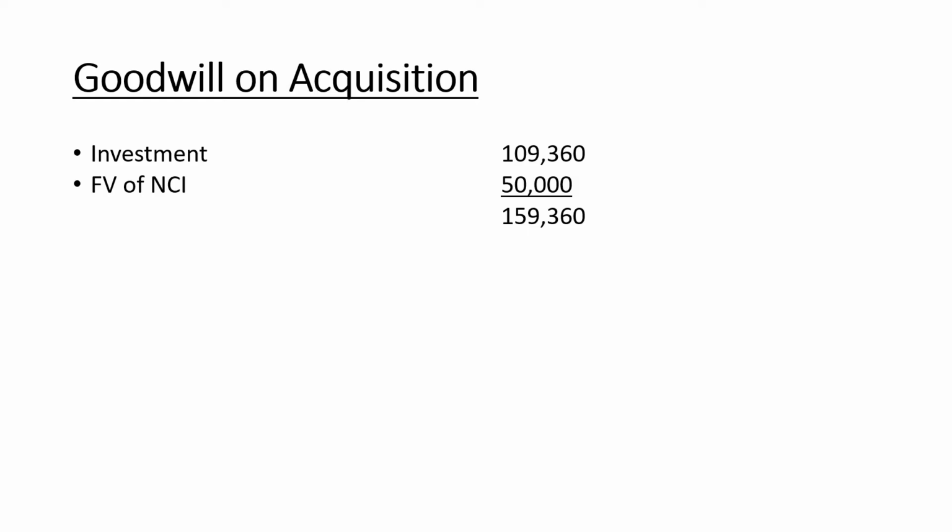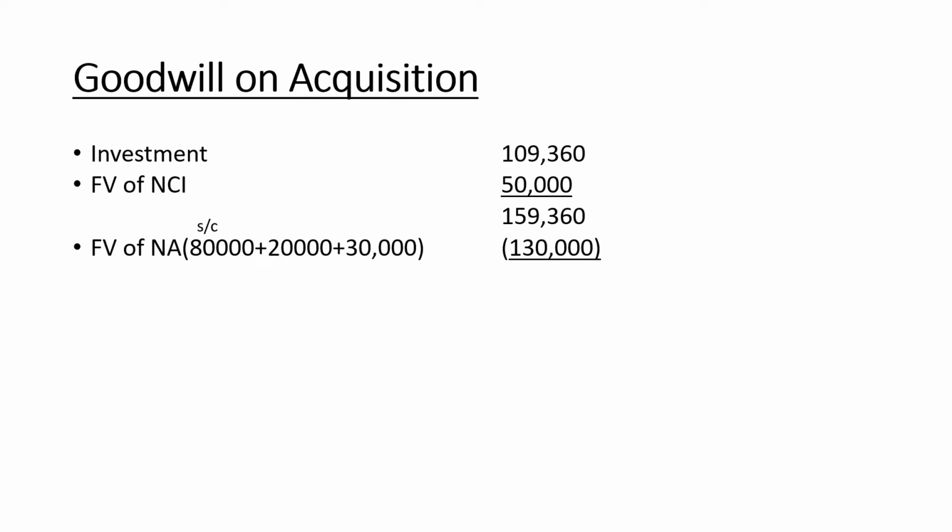From that we have to deduct the fair value of net assets. So here we have to take the share capital 80,000, and the pre-acquisition reserves, which is 20,000, and we have to add the fair value adjustment, that is 30,000. So altogether the fair value of net assets is 130,000. Then the goodwill is 29,360.